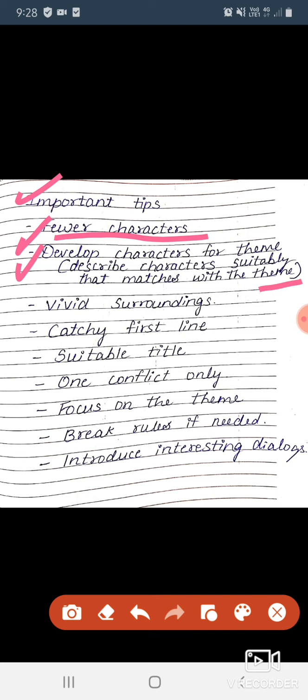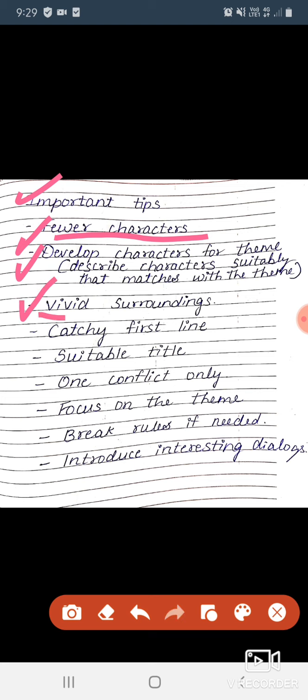Now, if you select a horror theme and if you start describing your characters and the description is more on the moral theme, then your characters will not match with the theme. So make sure that the description of your character matches with the theme.